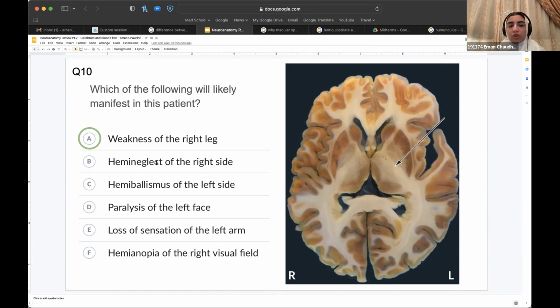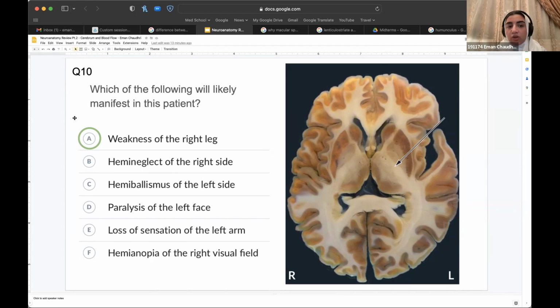And there's not more than one motor deficit here that is correct for this question. But just know that if it's a specific part of the internal capsule, sometimes you won't have full hemiplegia or hemiparesis. It might just be paralysis of the lower limb, or just the upper limb, because it's in the internal capsule. But that's a more challenging question.